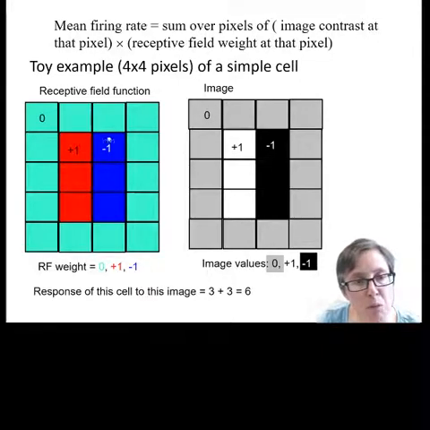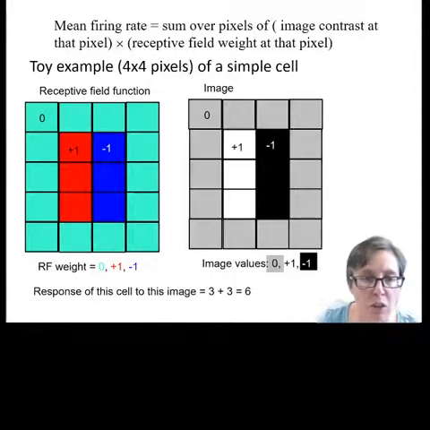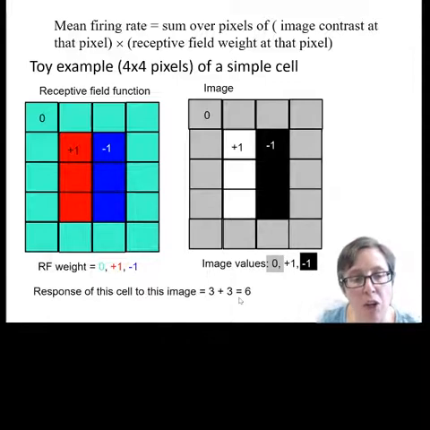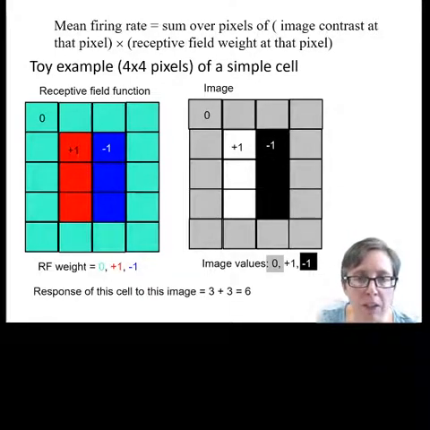And then here we've got -1 times -1, we've got 3 of those. So -1 times -1 is +1, 3 of those, we've got another 3. And so the total response of this neuron to this image is 6, whatever the units are, let's say spikes per 100 milliseconds. Okay, so actually this image is going to be the one that drives this particular neuron the best.